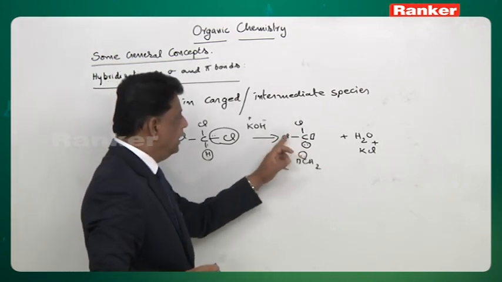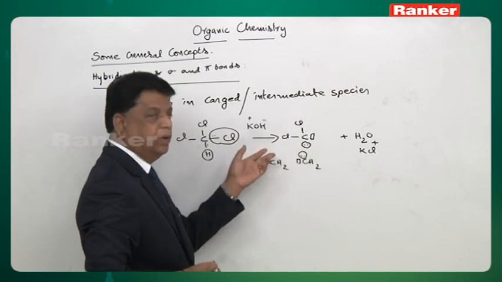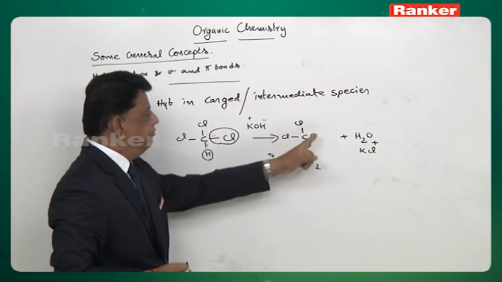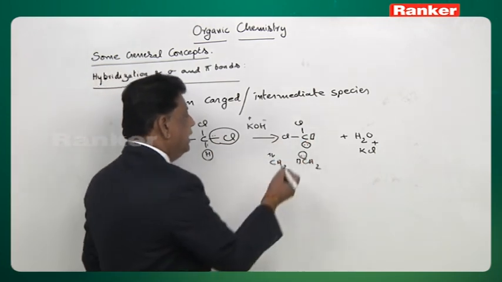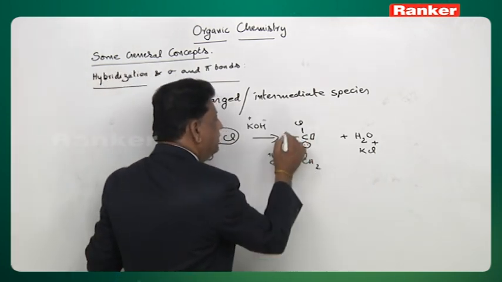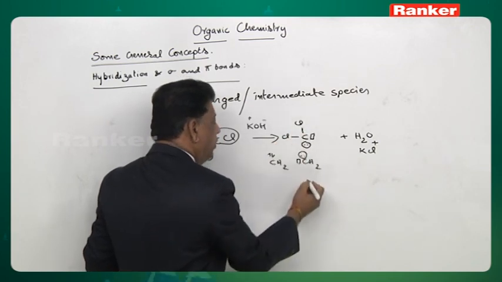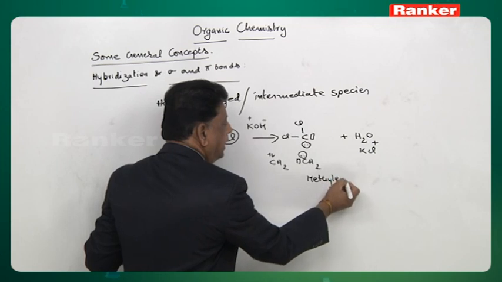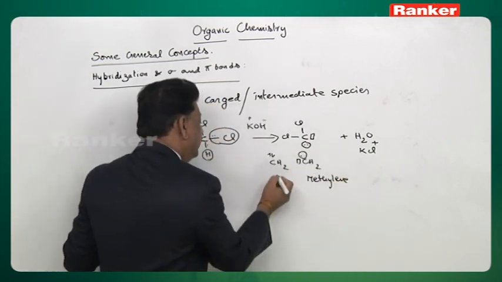So how do you call this one? Dichloromethylene. And the species containing one box and one pair is called a carbene. If these 2 chlorines are there, it is dichloromethylene, and since both electrons are in one pair, it is called singlet.